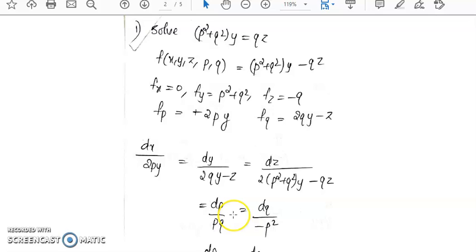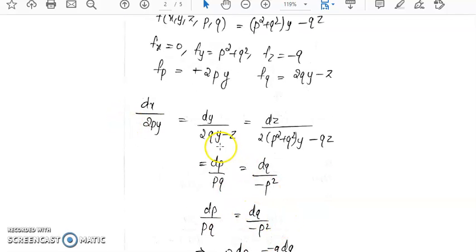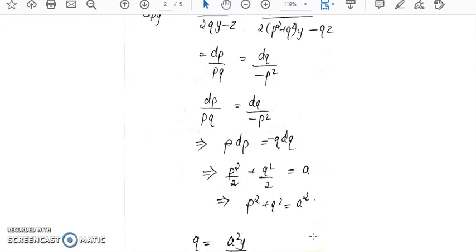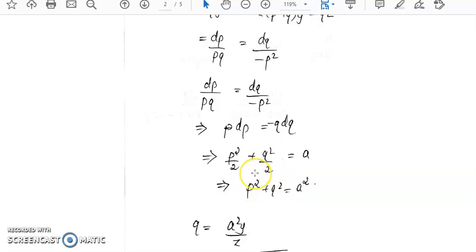So on substituting, this will be your Charpit's equation. Now I'll take these two equations, dp by pq equal to dq by p square. So p cancels out. Okay. On integrating, you are going to get the solution in the form p square plus q square.